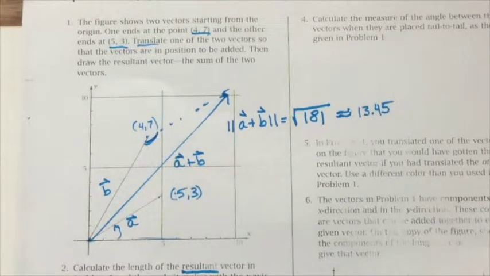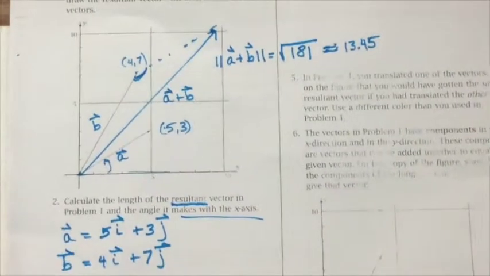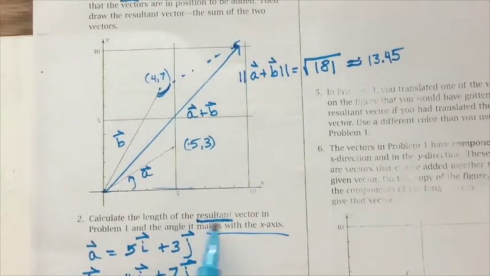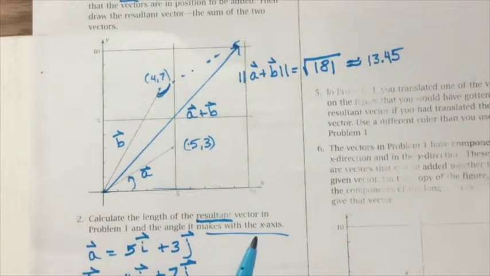I thought what it was asking for the third one is that you're supposed to connect the ending points of all 3 of your vectors and then find the largest angle of that triangle. Nope. Because right here it says calculate the length of the resultant vector. The resultant vector. Okay.